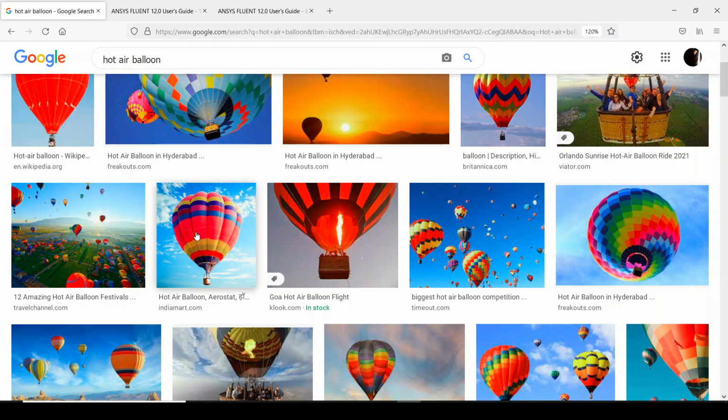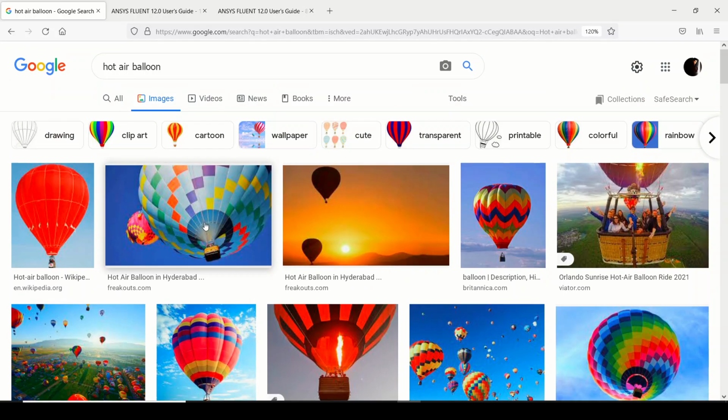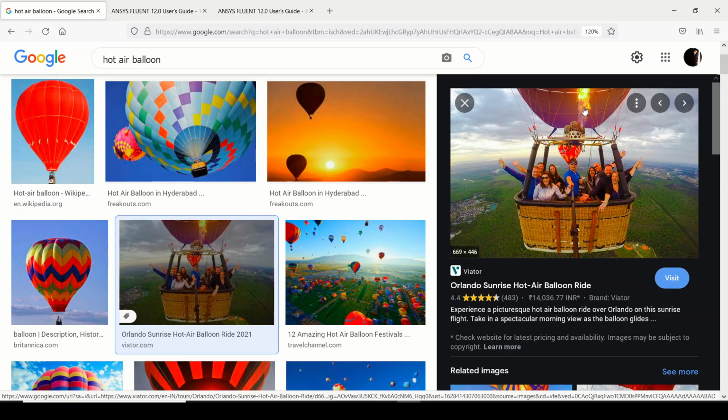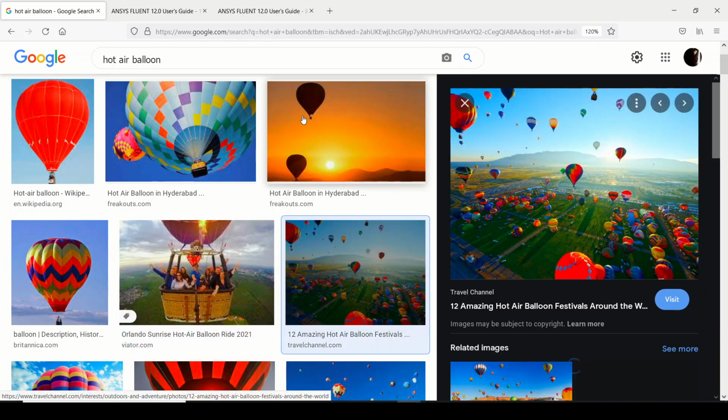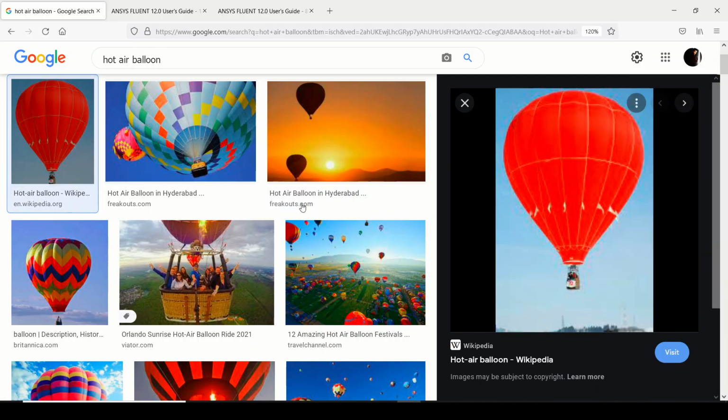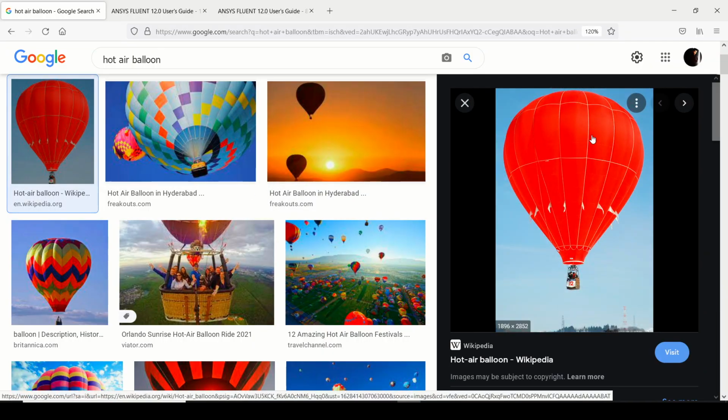If you have taken an interest in finding out the functional principle of this particular hot air balloon, then you probably know that a fire is generated at this position, right? That will help us take the hot air balloon in the upward direction.